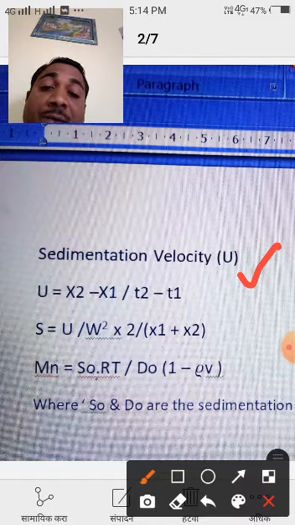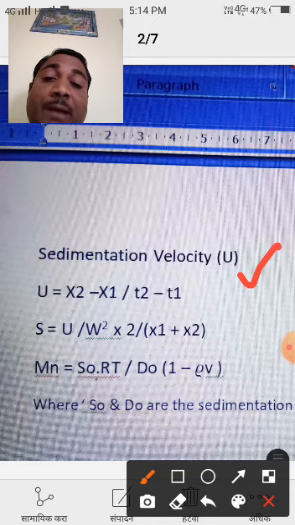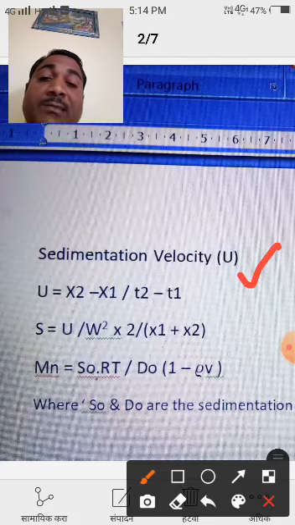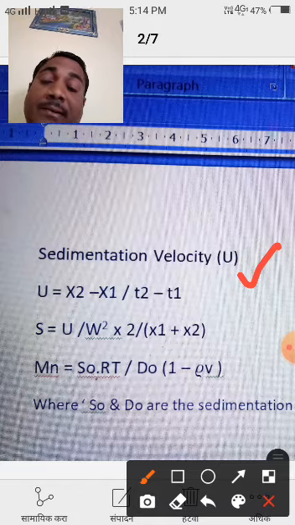u is equal to x2 minus x1 divided by t2 minus t1, where x2 is the distance of the boundary at time t2 from the axis of rotation, and x1 is the distance of the boundary at time t1.